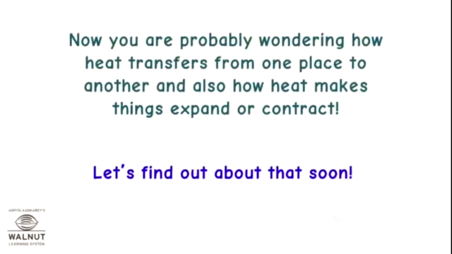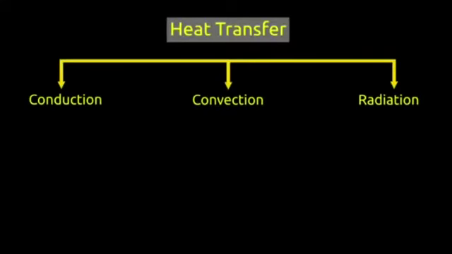Now, you are probably wondering how heat transfers from one place to another and also how heat makes things expand or contract. Let's find out about that. Heat can be transferred from one object to another by conduction, or convection, or radiation.